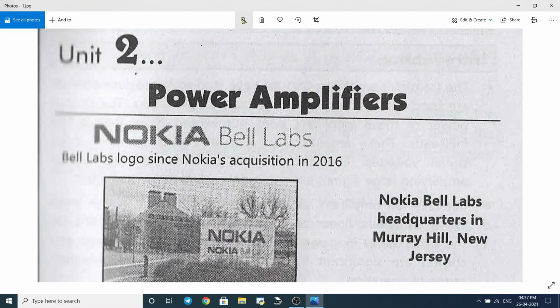In this lecture, we want to start the second chapter, that is power amplifiers. The amplifiers are basically of two types. One is the small signal amplifier and the other is the large signal amplifier.